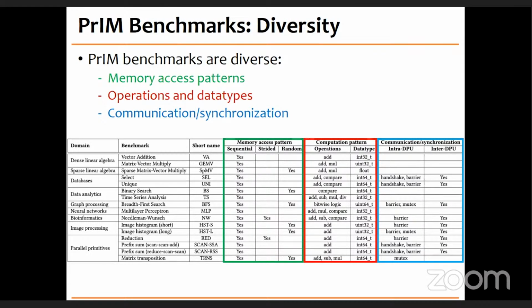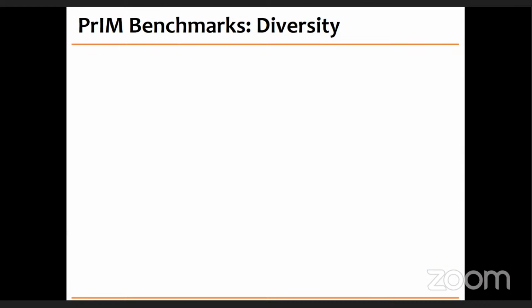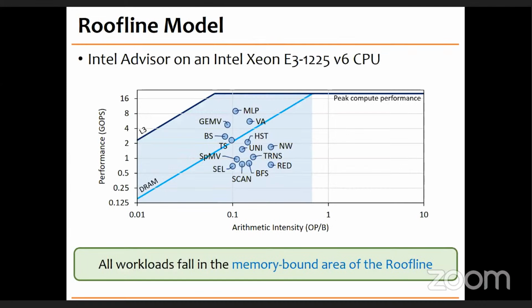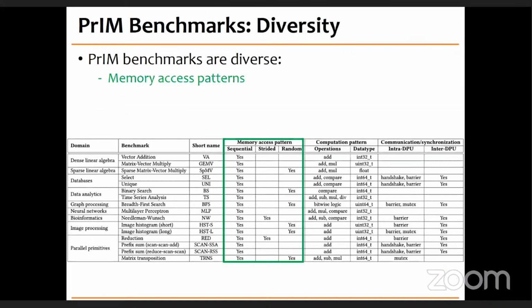No, the previous plot is the roofline model for the Intel Xeon CPU. No, that L3 is the bandwidth that L3 provides. But yeah, what you say makes sense, and we are going to explain why.